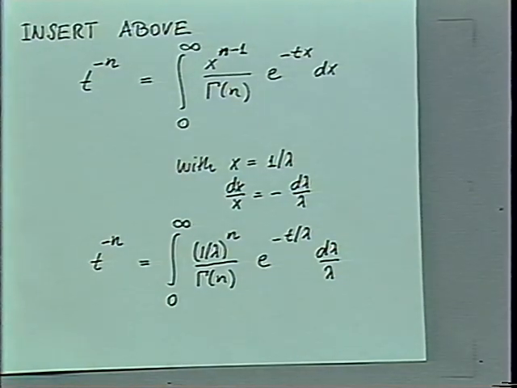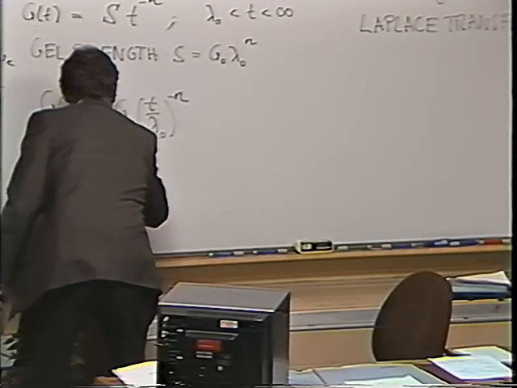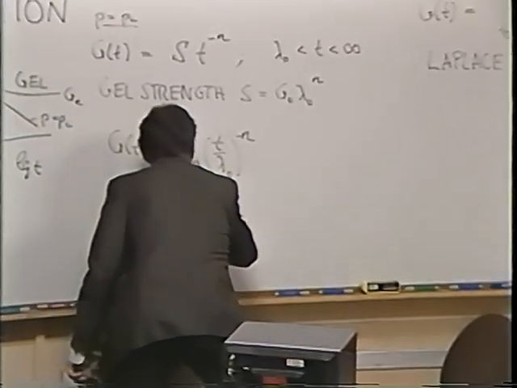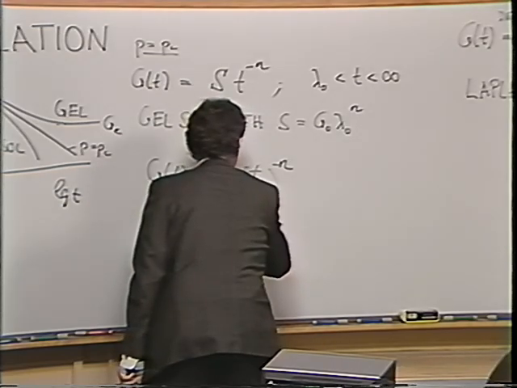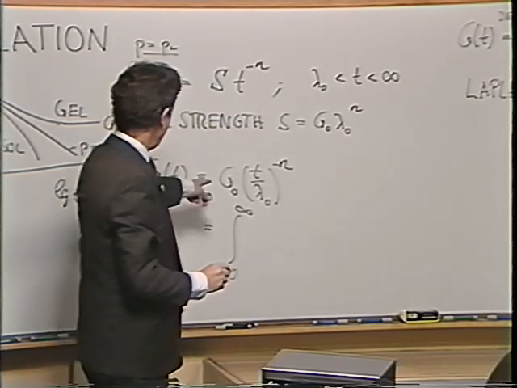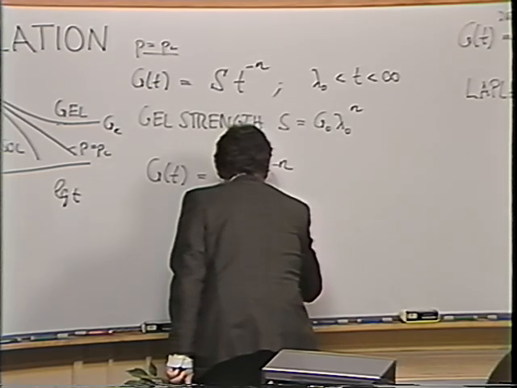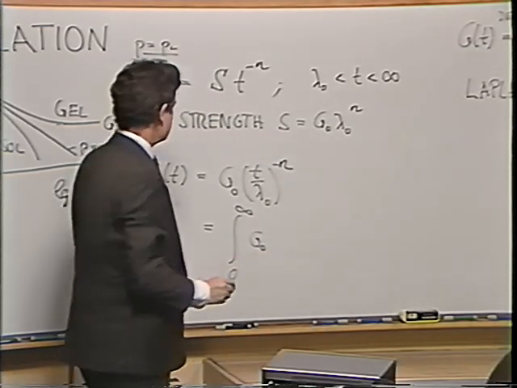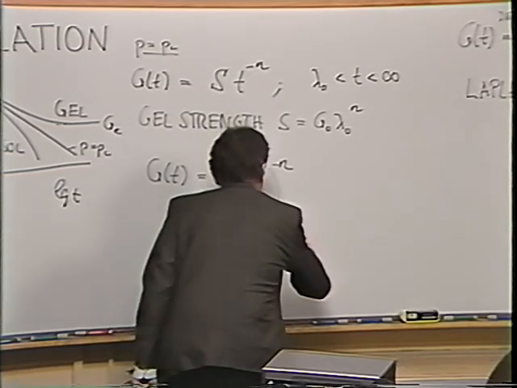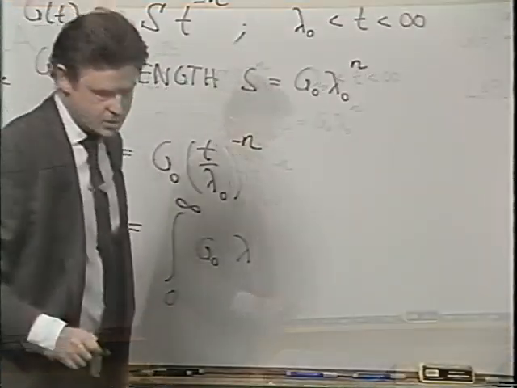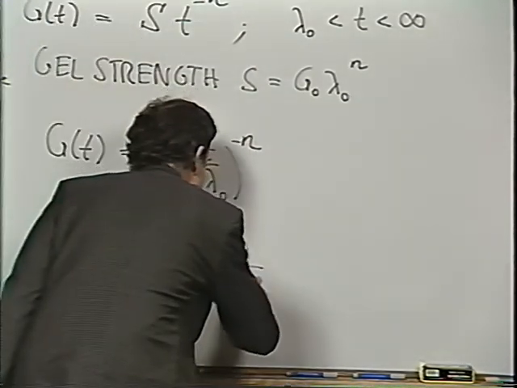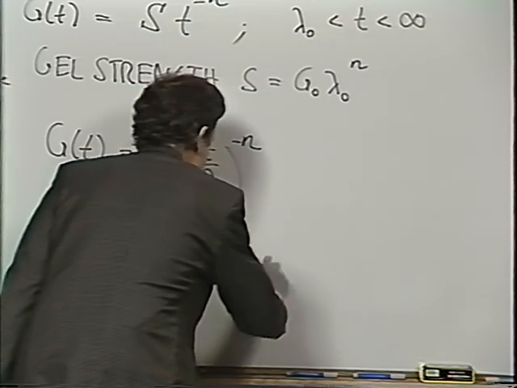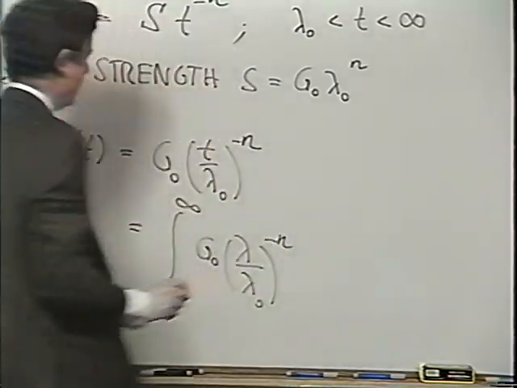And we will introduce that now in our solution here. So we know now that we can write our relaxation modulus as an integral from 0 to infinity of g0 times lambda to the minus n, and here we have over lambda 0, so we can write lambda over lambda 0 to the minus n already.